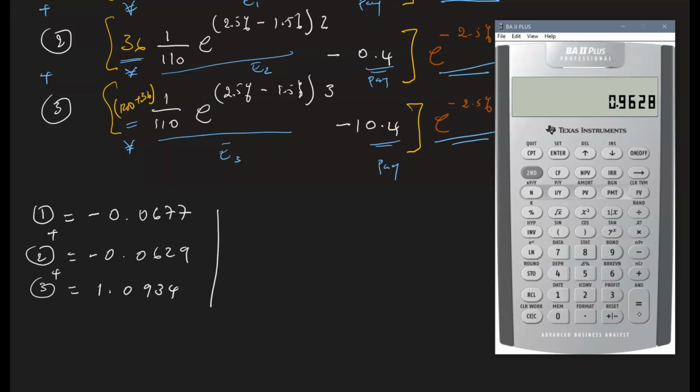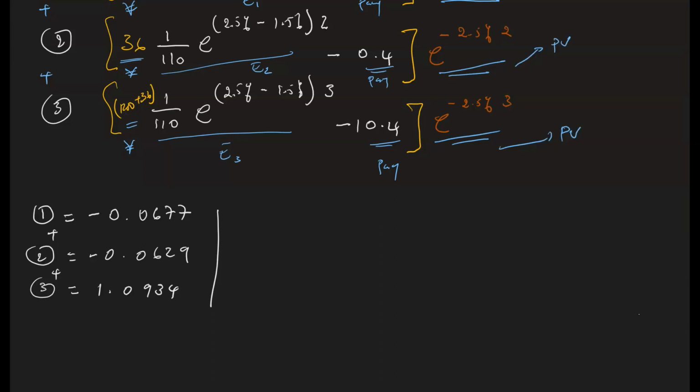So the swap value in this case is going to be equal to 0.9628, and you remember these are in million dollars. That's going to be the value of our swap agreement there.